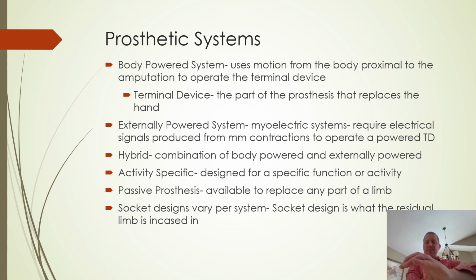If they can get the muscle belly to contract to do more of a supination, or contract another way, then it's going to supinate that terminal device. These are really quite cool types of systems. There are usually electrodes inside that target what muscle is still available. It requires some training and some strengthening also.